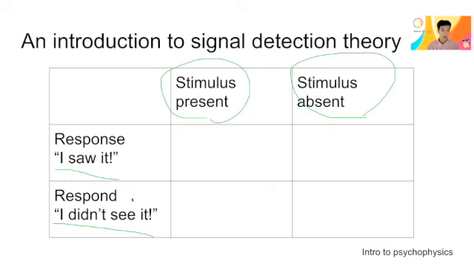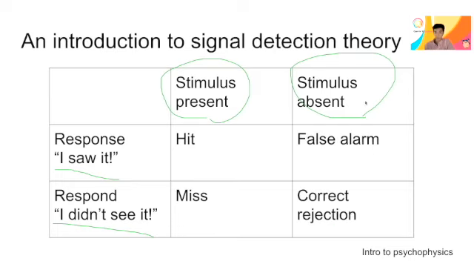And then separately, we define each of the entries. If there was a stimulus and you agree that there was a stimulus, we call it a hit. If there was a stimulus but you deny it, that's called a miss. Similarly, when there was no stimulus and you agree that there was no stimulus, it's called a correct rejection. And if you detect a non-present stimulus, it's called a false alarm.